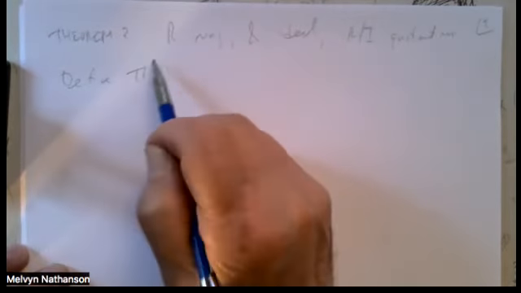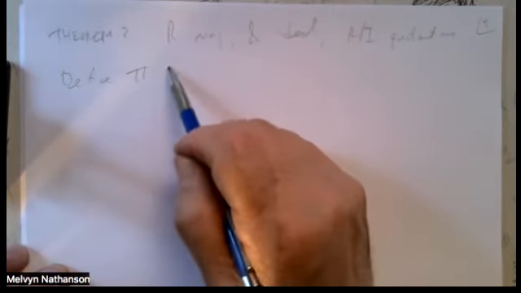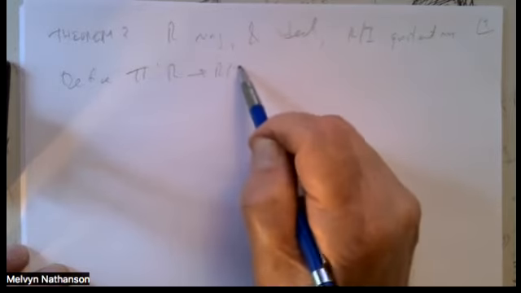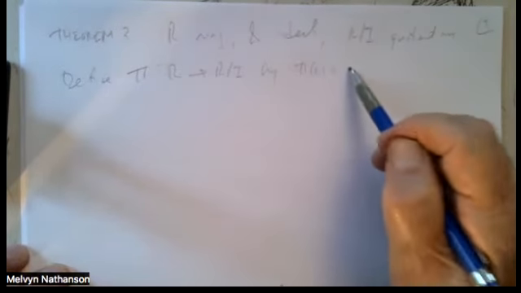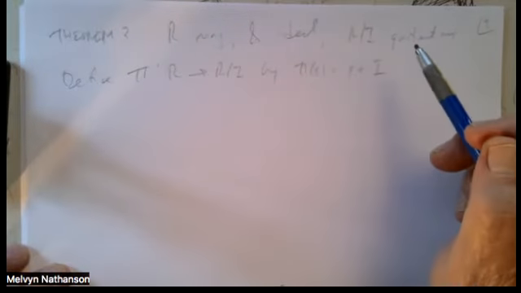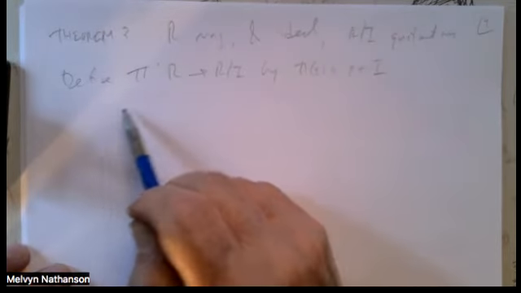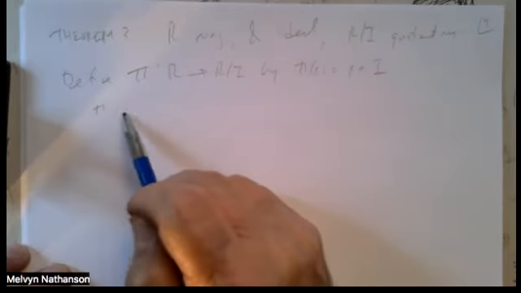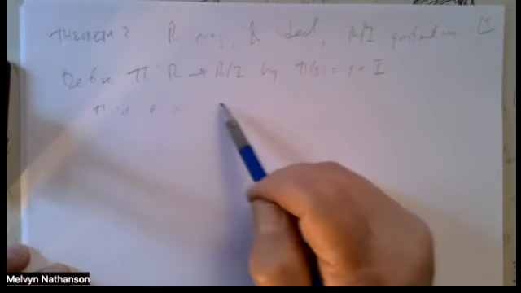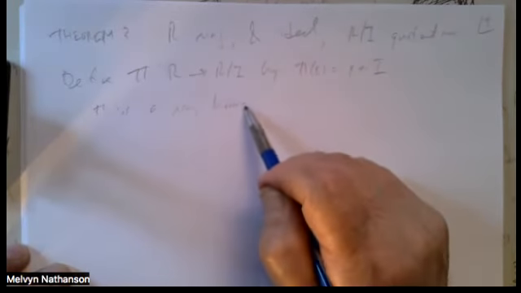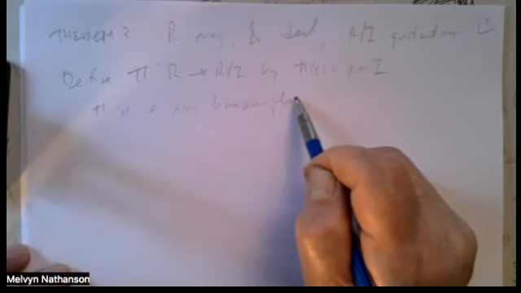So define a function pi from R to R mod I by pi of x is the coset x plus I. So pi is a ring homomorphism.